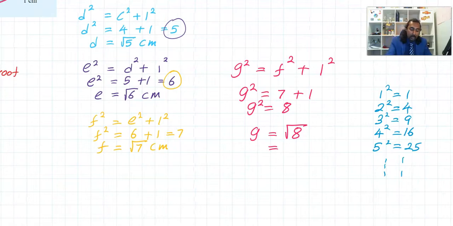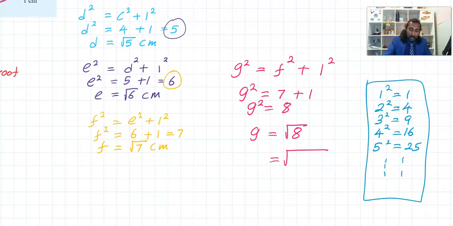I'm going to write down the root 8 as a split of a square number, a perfect square number, and another number. Doesn't matter what number I get for the other, but I need to pick one from the blue writing here. What do I get? 8 is equal to 9 times, no, it's smaller. So go with 4, 4 times 2.